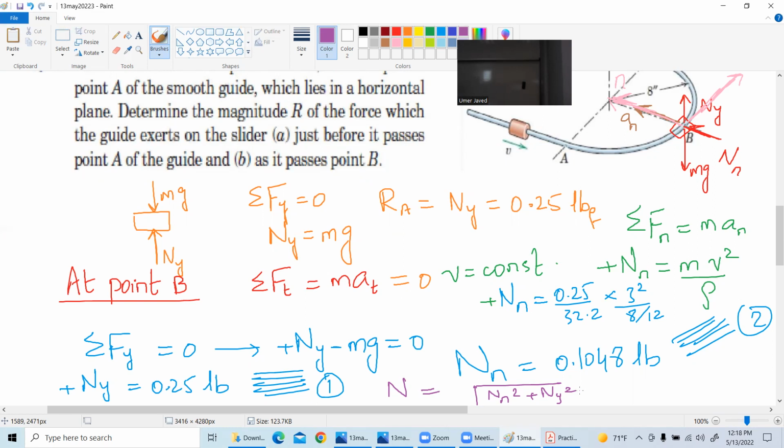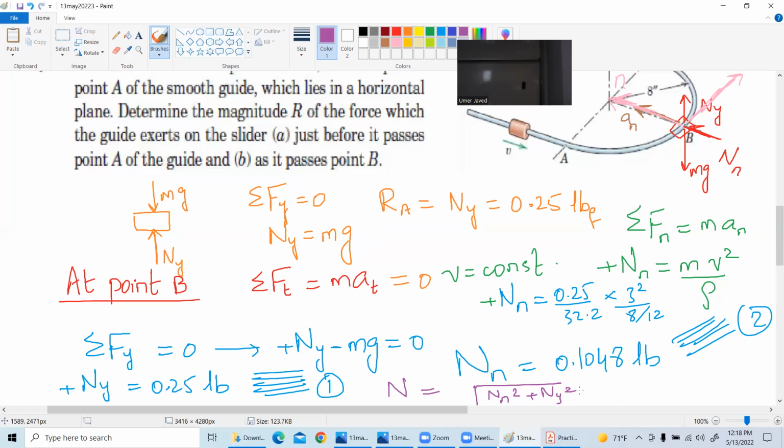The moment you have passed A, all the way up in that circular path, will the reaction offered by the guide to the slider be the same? Of course, yes. Because if it's a circular path, then it will have two components, mv square over rho. At the end of the day, you have a normal force because it is sitting on it, and the guide really wants to hold it, and it is touching the slide.